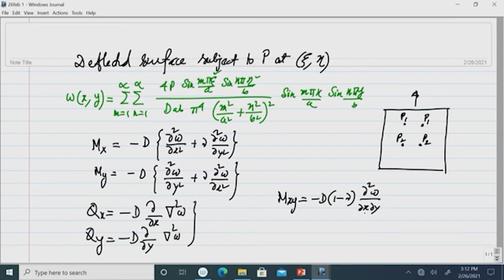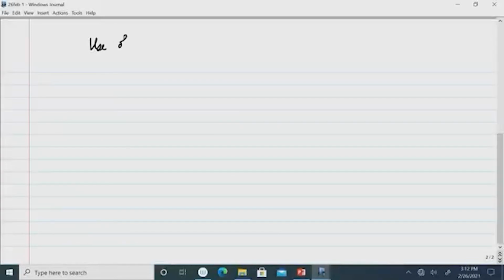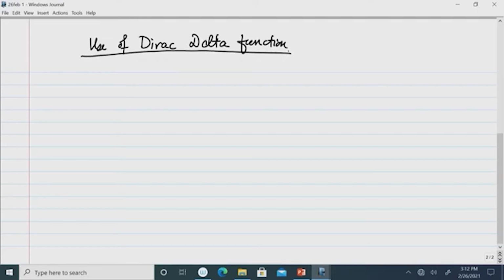Now, let us introduce a very interesting method to tackle the problem of concentrated load, that is, by use of the Dirac delta function. In many situations the forcing function, whether it is a plate problem or any other problem, may not be continuous. At a certain point or location it is significant, while at other locations there is no importance of that load.